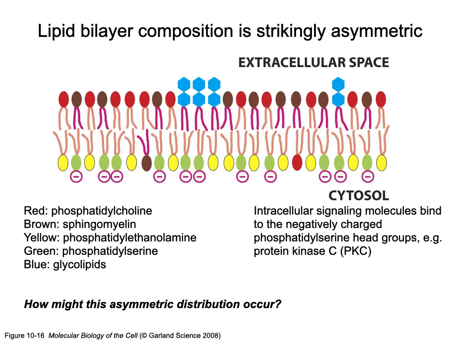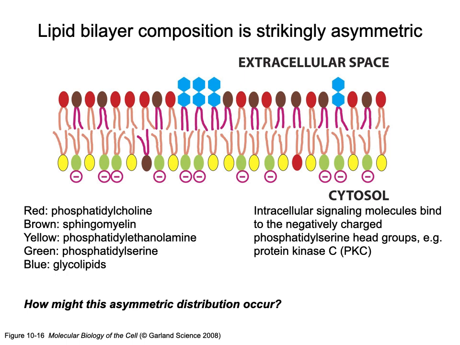Another characteristic of the lipid bilayer is that it's asymmetric. In this figure, we have the color coding of the different phospholipids. The red and brown phospholipids tend to be on the extracellular surface, where the yellow and green phospholipids tend to be on the cytosol side, or the intracellular side.